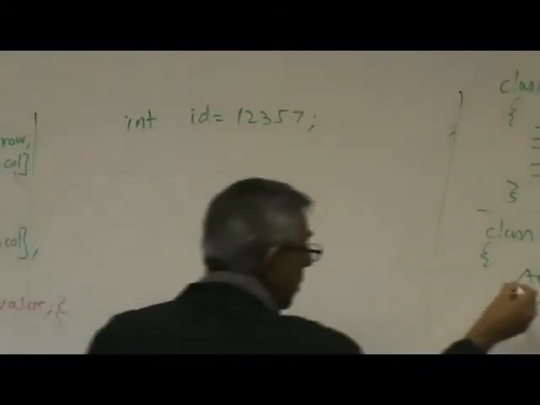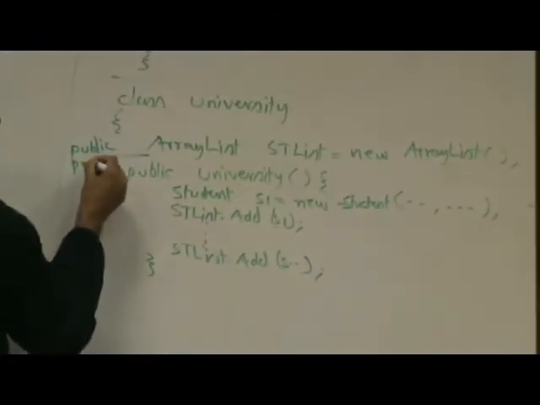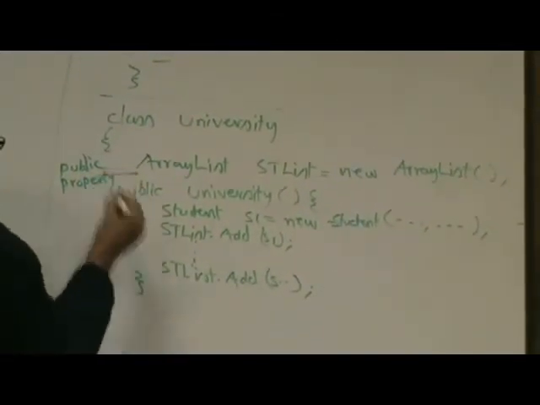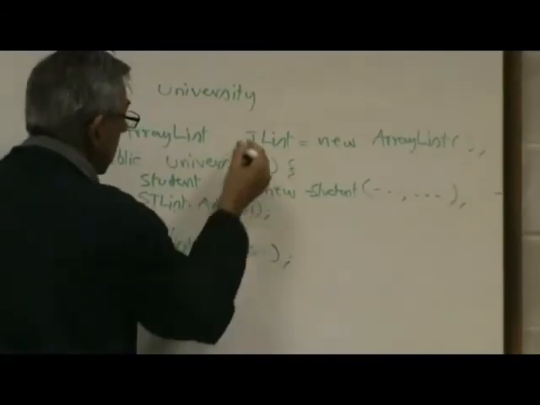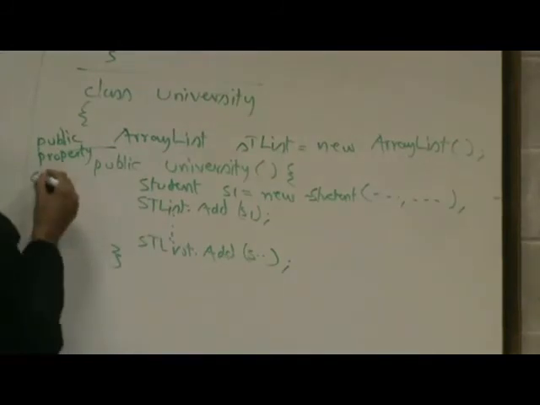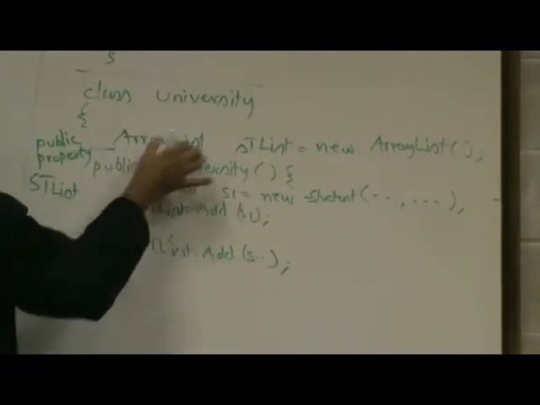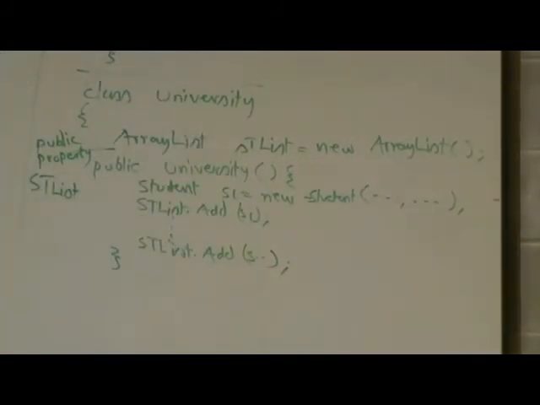Okay, and suppose there's a public property, so that, let me make it lowercase st list, and the public property will give us the capital St list corresponding to this field, right?